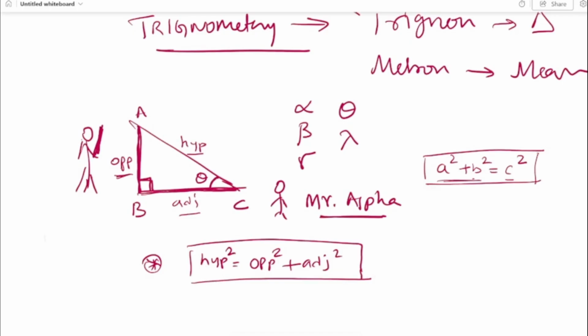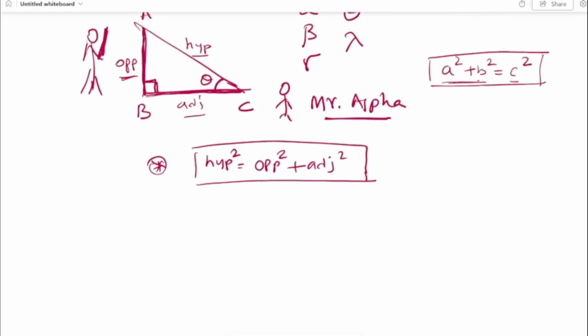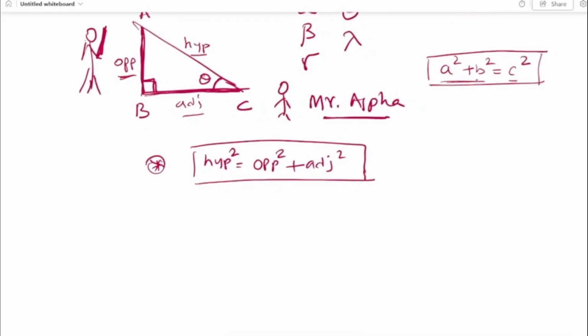Okay. Now, trigonometry is all about ratios and angles with respect to a triangle. So they define certain ratios. Say for an example, sine theta. Sine theta is a ratio of opposite over hypotenuse.